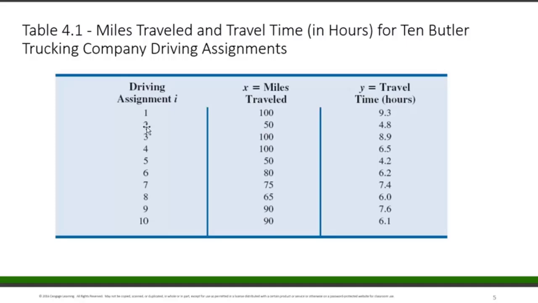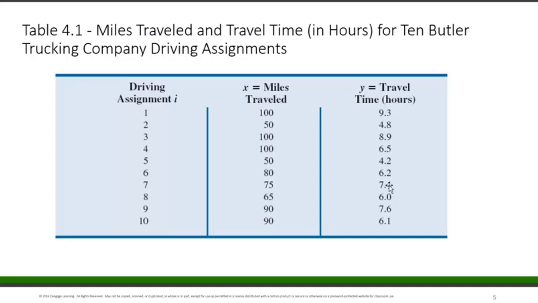Okay. And then number two, it took only 4.8 hours, and the miles traveled was 50 miles. So here's the x variable, and here's the y variable. That means you're trying to use the miles traveled to estimate the travel time. Well, we might say, we already have the travel time here, so what do you mean by estimating?